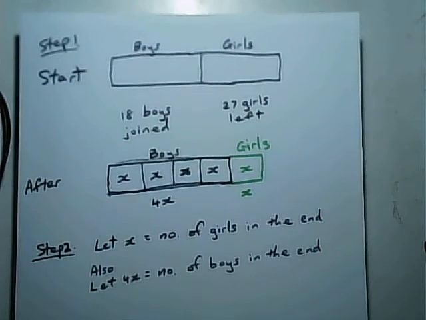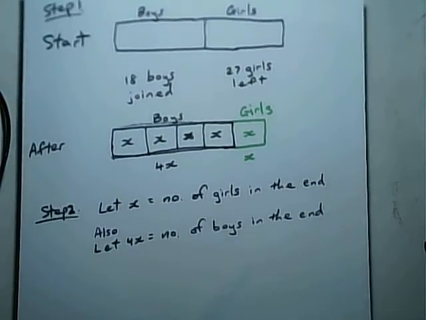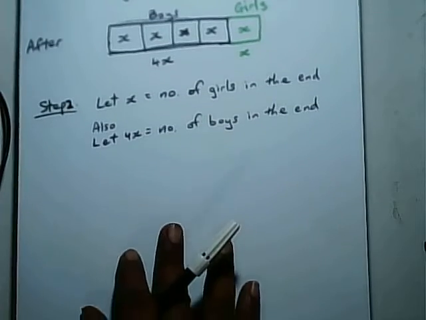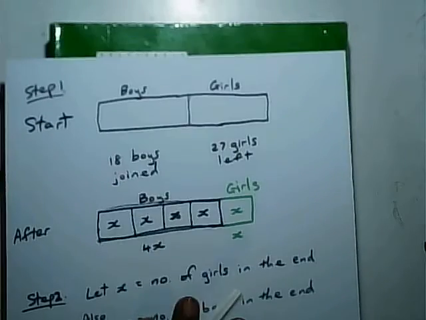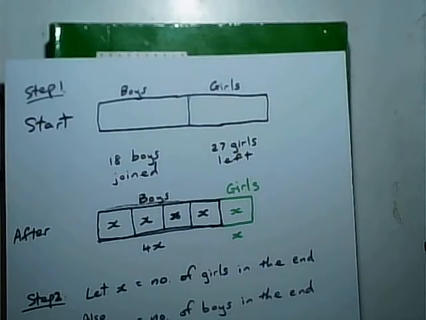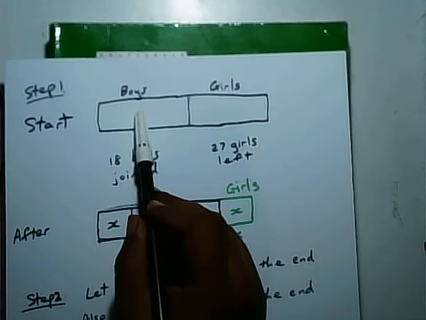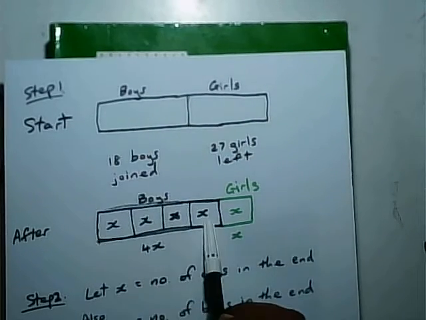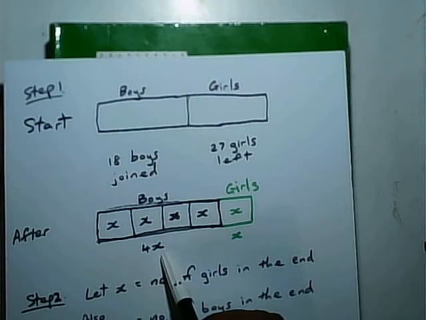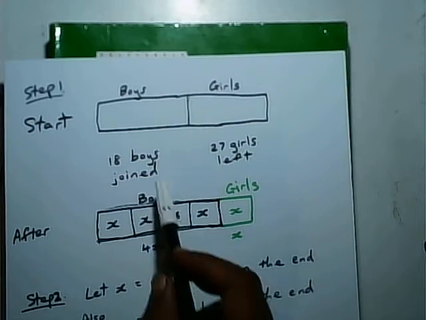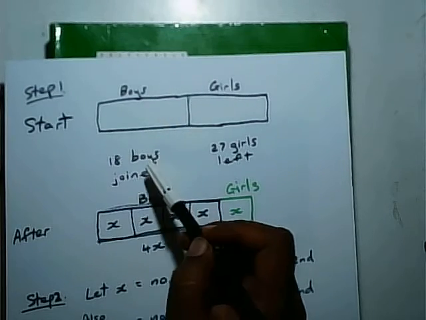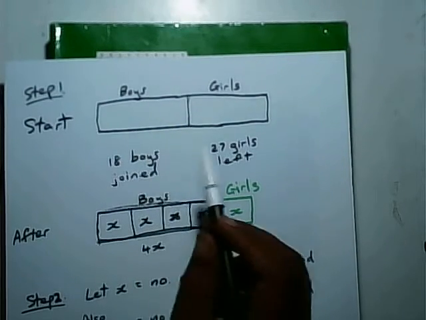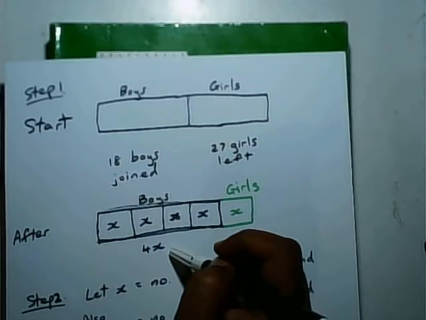Okay, so now what we're going to do is try and figure out what goes up here. Now, the boys up here at the start, would it be bigger than 4X or smaller than 4X? Well, it had a certain amount, and then 18 boys added on to it to get you 4X.